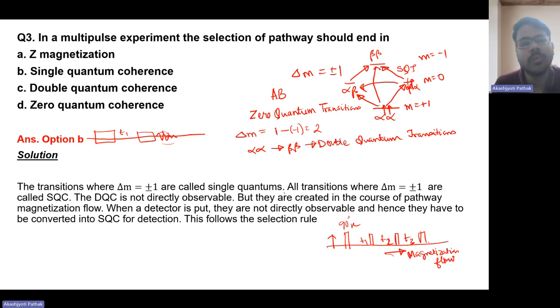Okay. So which terms correspond to the single quantum coherences, which correspond to the double quantum coherences, which are the zero quantum coherences?